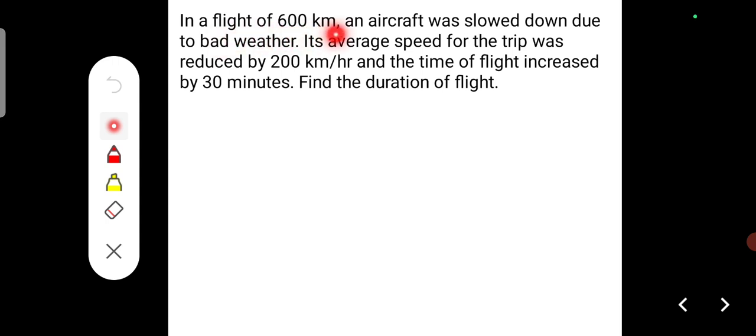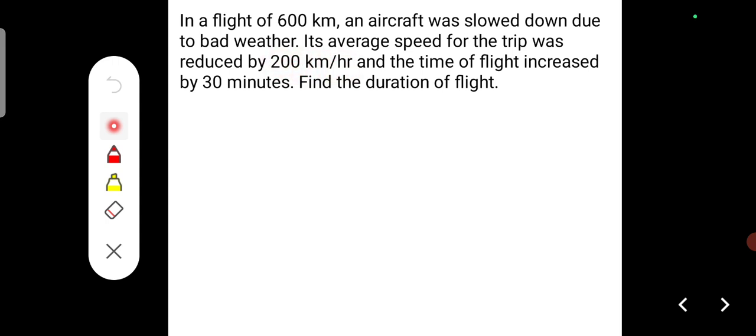In a flight of 600 km, so the fixed destination, the distance of the destination is 600 kilometer. Then the aircraft slowed down due to bad weather. The average speed of the flight is reduced by 200 kilometer per hour.